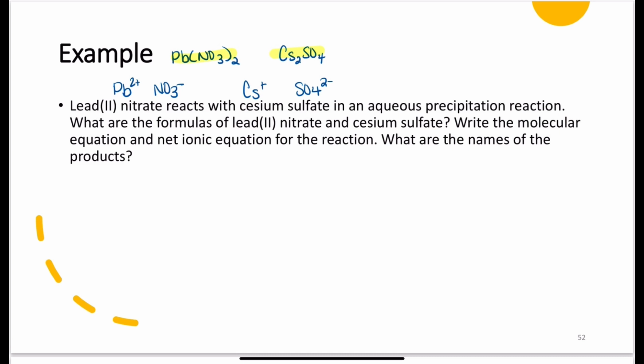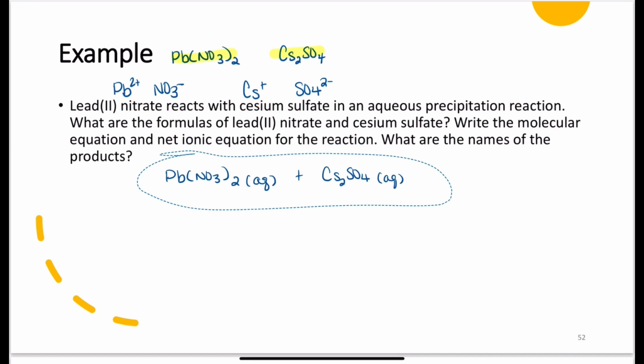Write the molecular equation and anion equation for the reaction. My molecular equation is the complete neutral species in solution. So Pb(NO3)2 is aqueous, nitrate is always soluble. Cesium sulfate is soluble. Cesium is a group 1 alkali metal, so its salts are always soluble.